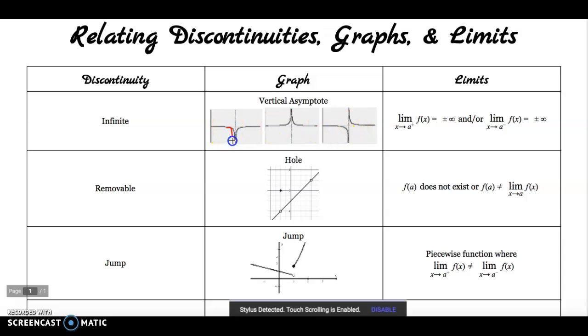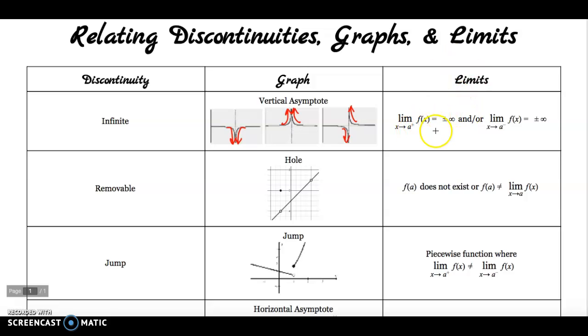They can both be going down, both be going up, or you could have alternating ones as well. So anytime you see this limit notation for any function, automatically you know that you would have an infinite discontinuity or a vertical asymptote at that value, okay?